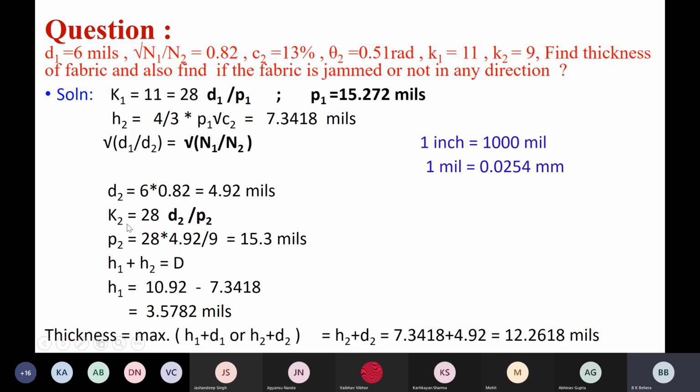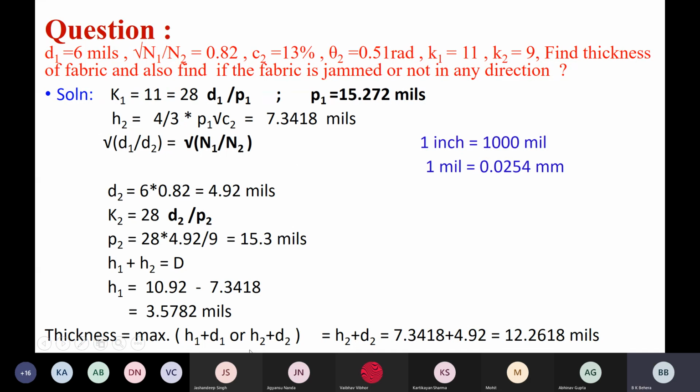Then from there you can find out K2. K2 is 28 D2 upon P2. Then you got the P2 value. Now H1 plus H2 is equal to D. H1 is this much, D minus H2. You got H1. Then all four terms you have already got: H1, H2, D1, D2.